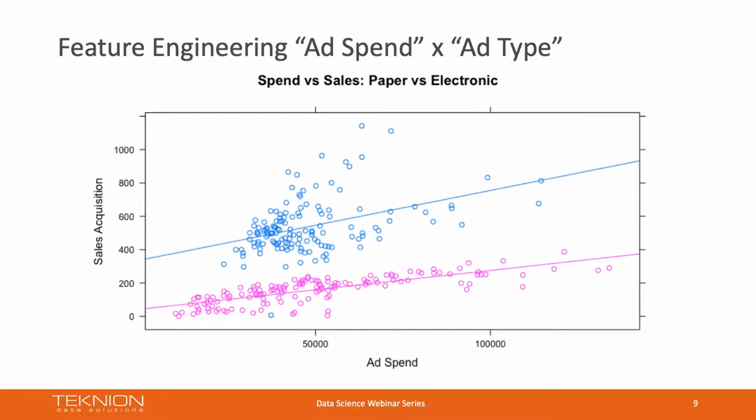Also, it's a little bit hard to tell, but the return on investment is also steeper when we're spending more money with the electronic advertising as opposed to the paper. And so that paper costs us a lot, and the more we spend, we're not getting necessarily more return. But we are getting a little bit more return on that blue one, okay?